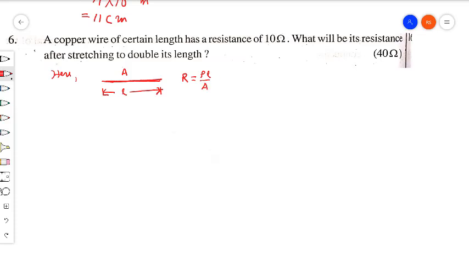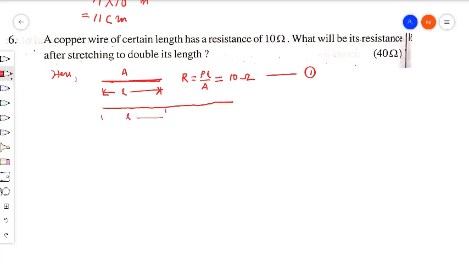By the question, the resistance for this wire of length L having area of cross section A is 10 ohms. So it is given in the question. Now the wire is stretched to double its length.